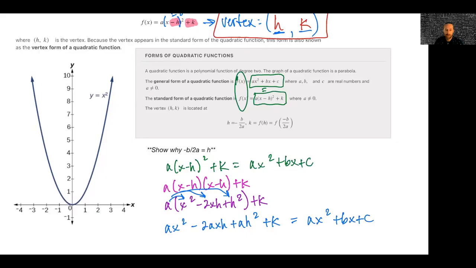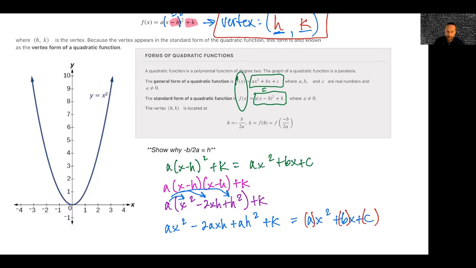So what we are able to do is manipulate this to make it look like the other thing, because we know that they are equivalent. So if I try to make the left side look like the right side, I then have something x squared plus something times x plus some constant.